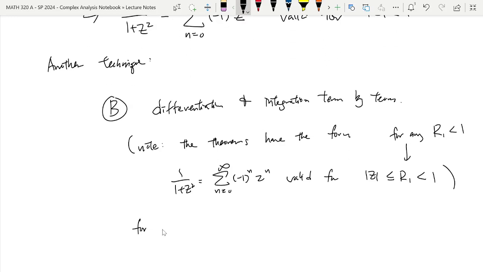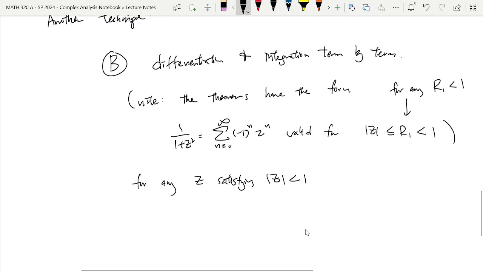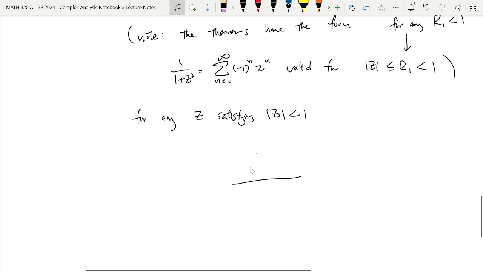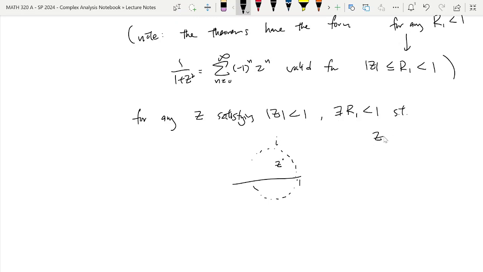So for any z satisfying the modulus of z less than 1, so you have this unit circle. This is 1 and this is i, so this is your z. There exists R1 less than 1 such that z also belongs to the disk centered at 0.